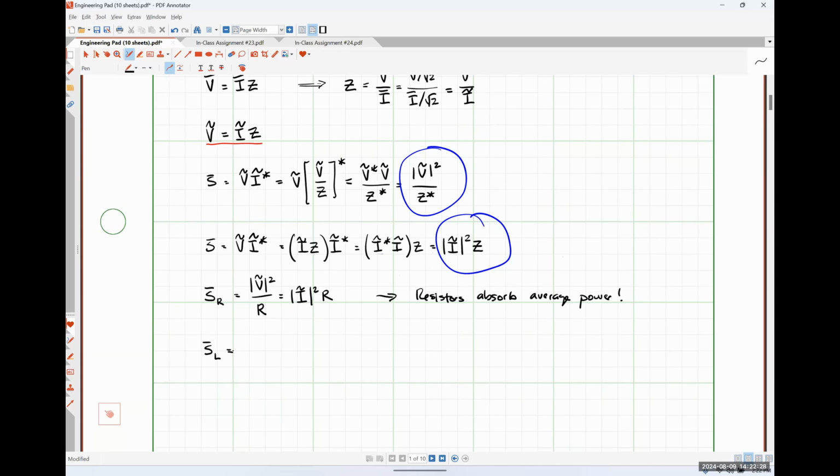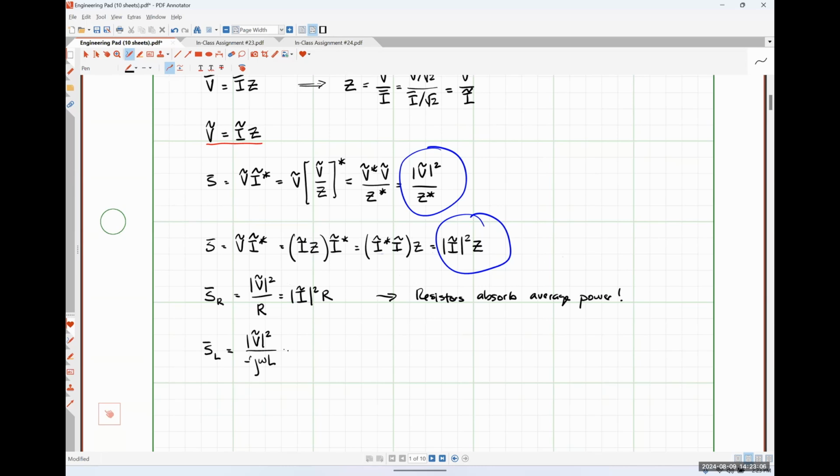So in our first relationship, we would have the magnitude of the voltage squared divided by the conjugate of J omega L. Well, the conjugate of J omega L is just negative J omega L. So what does 1 over J equal again? Negative J. So 1 over J is the same thing as negative J. So to me, that means that 1 over negative J should come out to be positive J.